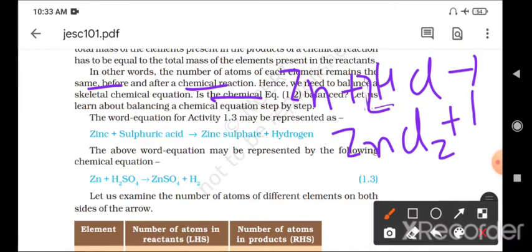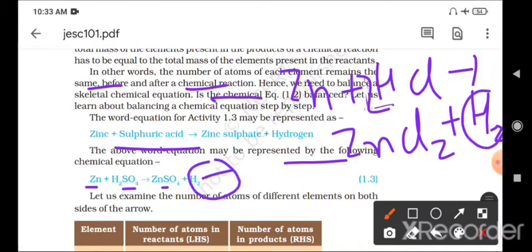We know that hydrogen gas will be liberated. So zinc plus sulfuric acid gives zinc sulfate plus hydrogen gas. We can take HCl as well as H2SO4. In the equation they are taken as H2SO4. The above word equation may be represented by the following chemical equation: Zn + H2SO4 gives ZnSO4 + H2. Here also H2 gas is liberated.